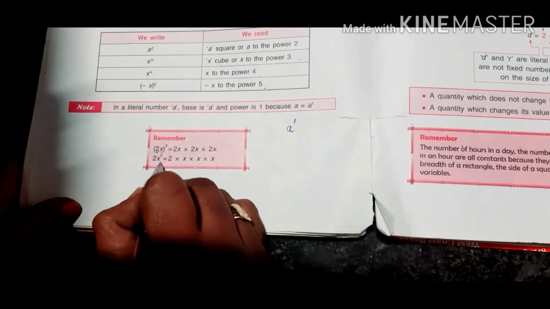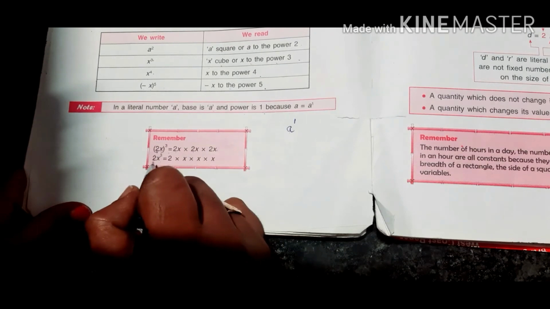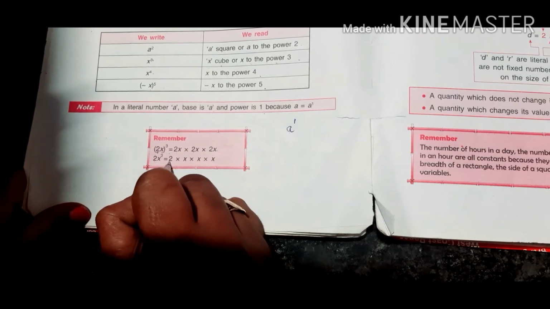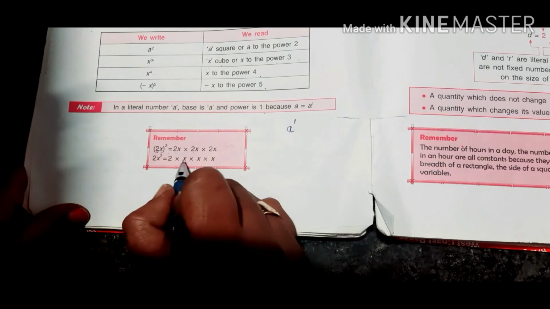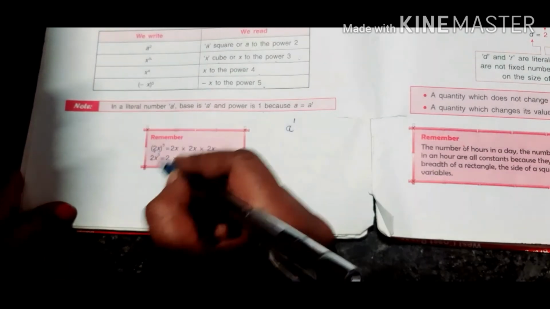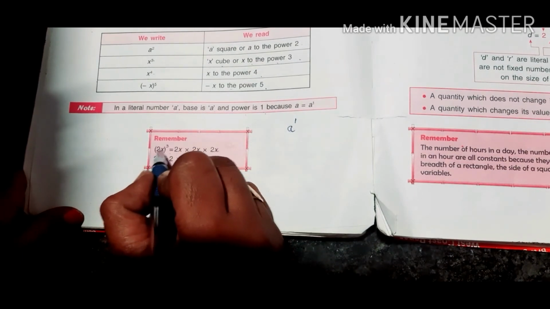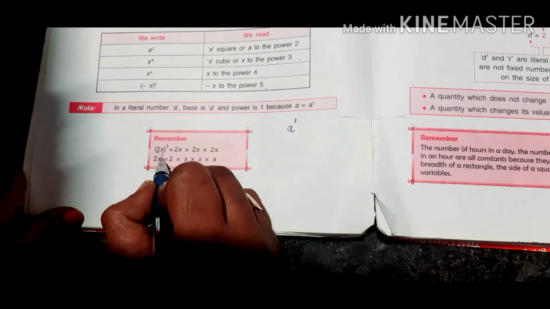Whereas 2x cube has to be multiplied: 2 is only written 1 time, whereas x cube is multiplied 3 times, x into x into x. Here you can see the difference that this cube is applicable for the whole bracket, whereas this cube is only applicable to the literal number x.